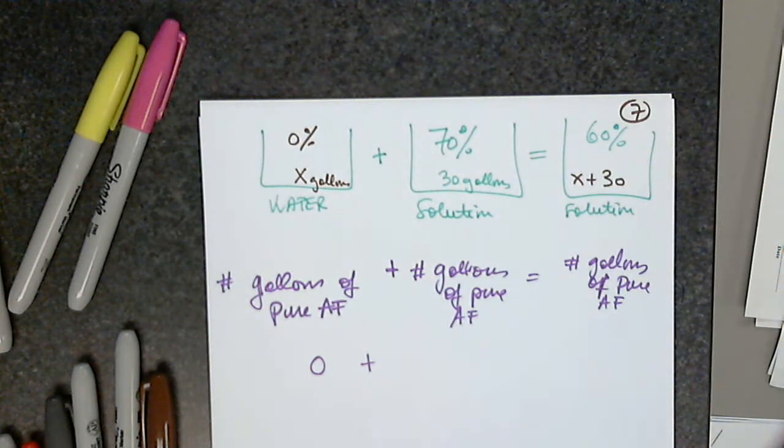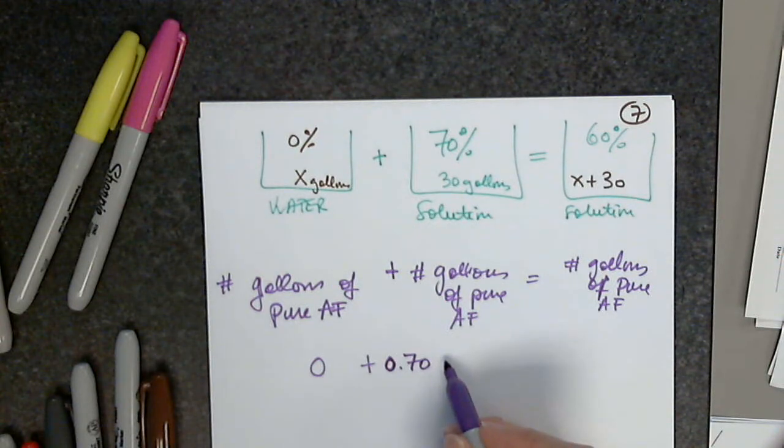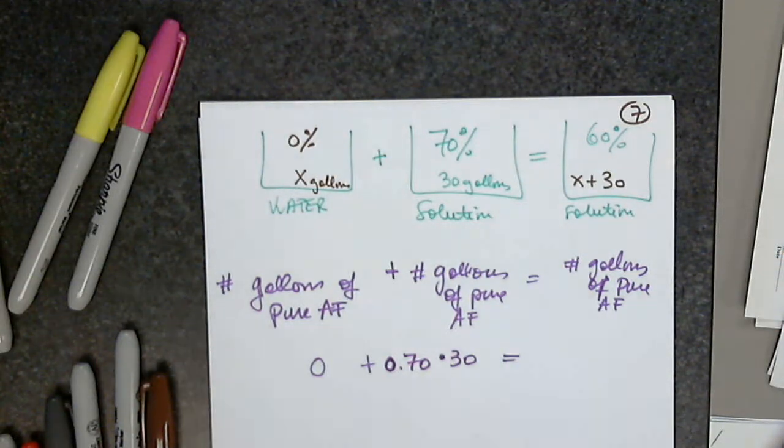Remember, 70% means nothing. So how do I write that? You say it was 21? Yes, 0.70 times 30. Exactly, awesome, equals the number of gallons of pure antifreeze in the resulting container.